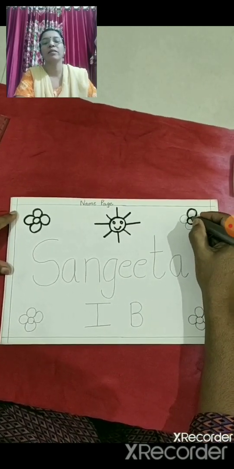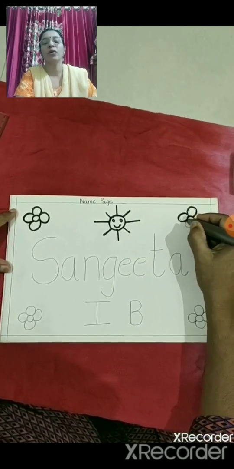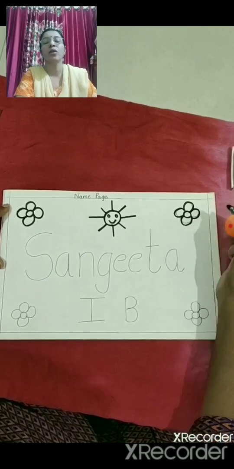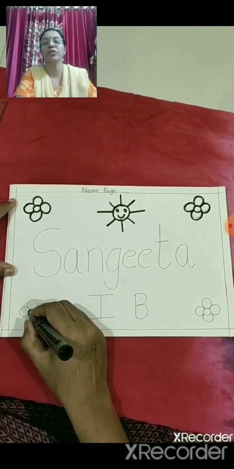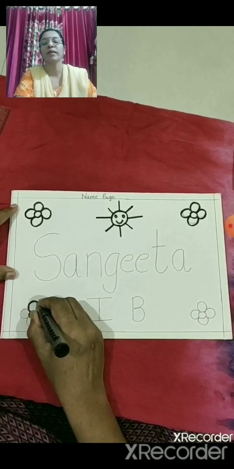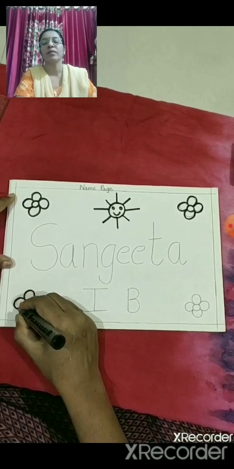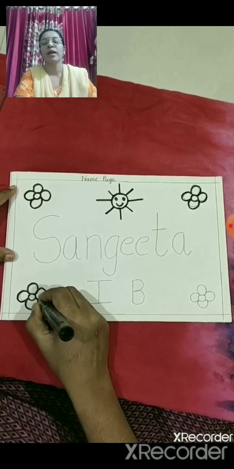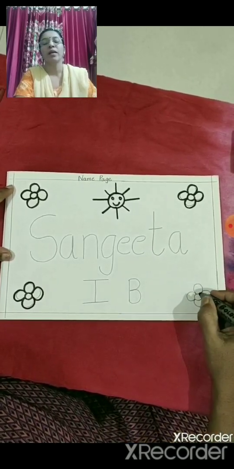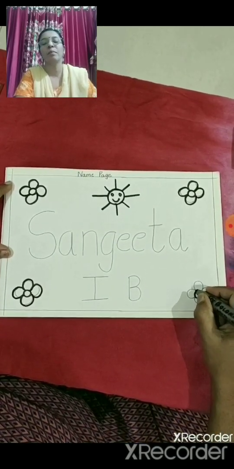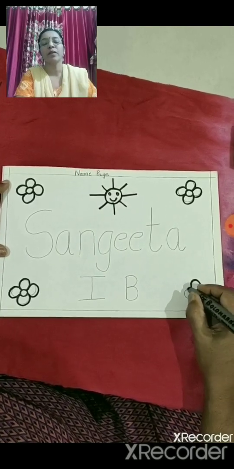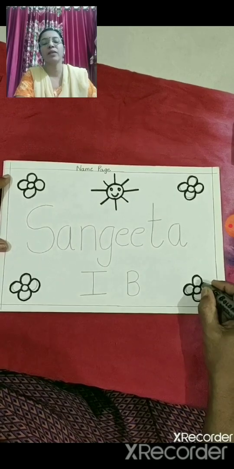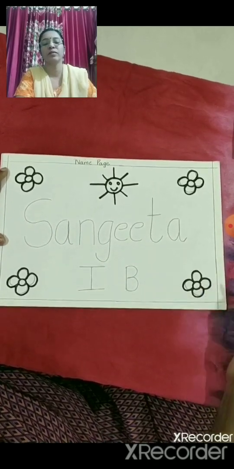So how many flowers we had drawn? We had drawn 4 flowers on each corner of the page. Children, one thing you should keep in mind, that when you are giving the outline with the black sketch pen, you have to be very slow. If you do mistake in that, you cannot erase it.